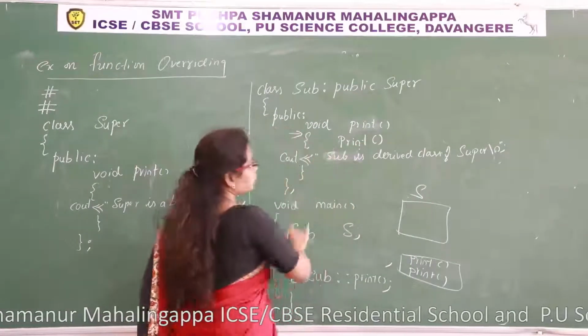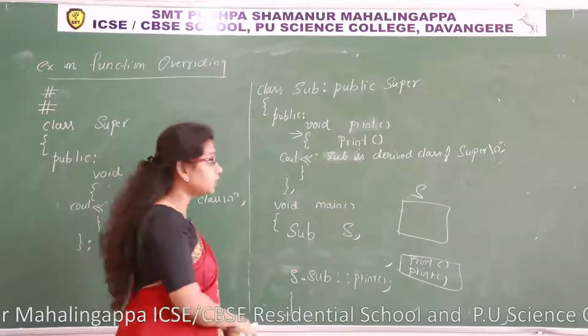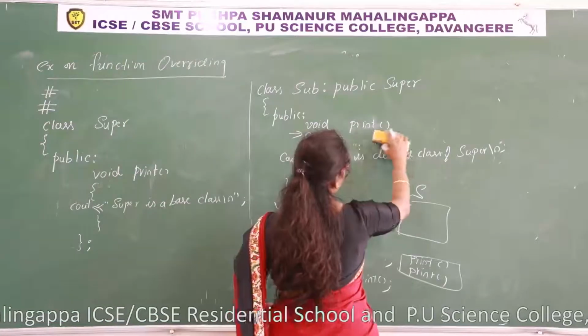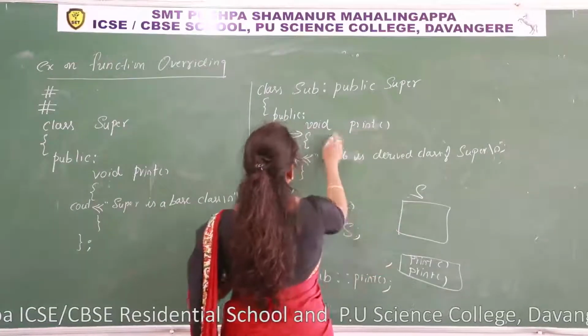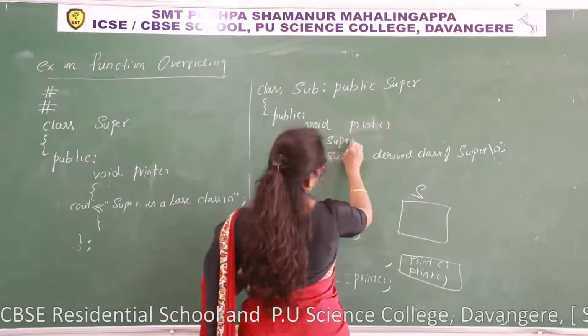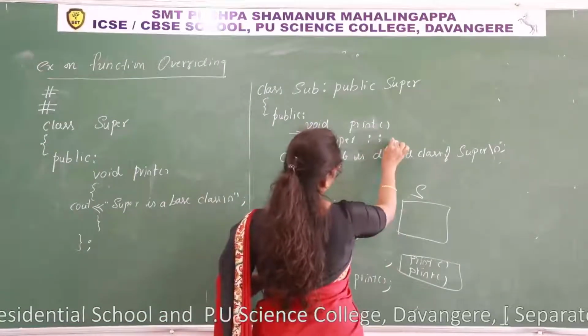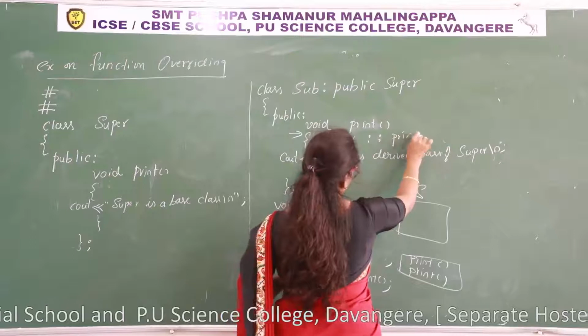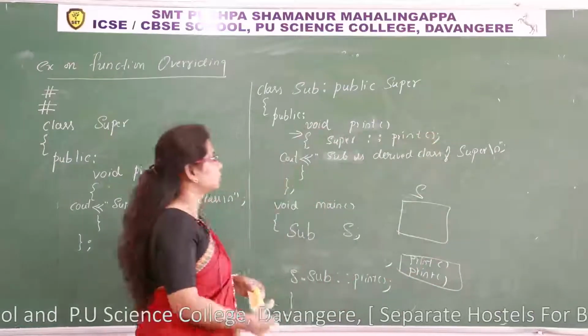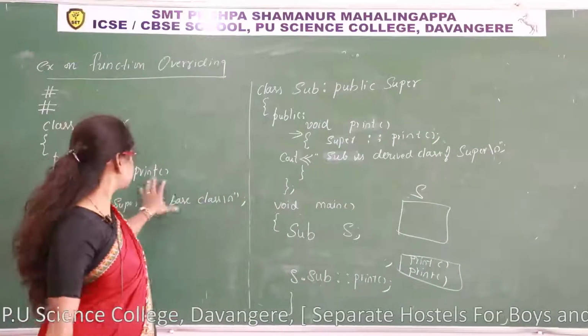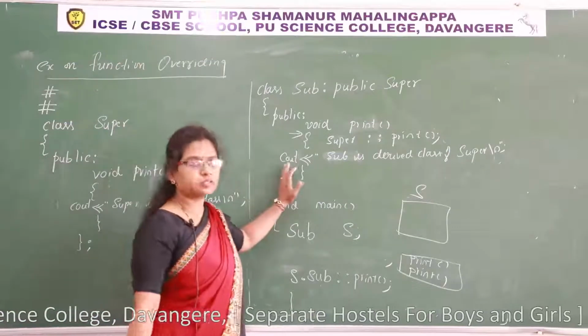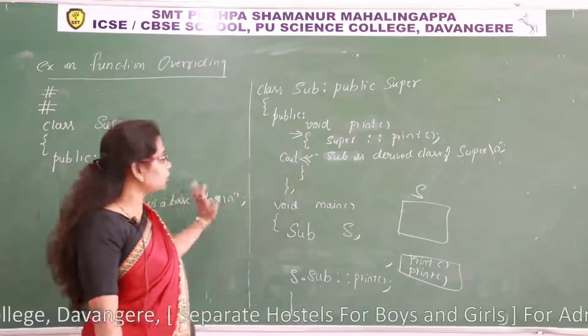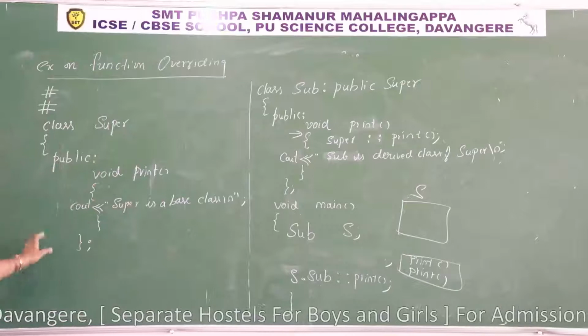Here we should not use object and dot operator, but we must use the class name and scope resolution: super scope resolution print. Then it executes this print function, later the other print function. In this way we can override functions. Understood?